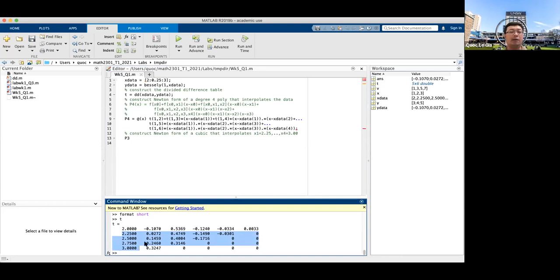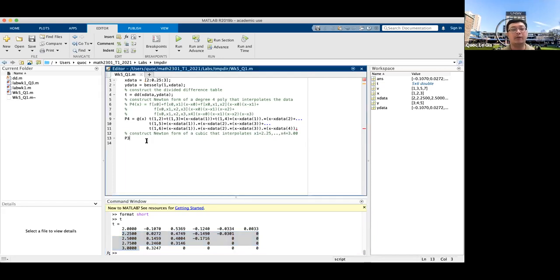So there are 2 ways. You can reuse this table, or you can extract a subset of X data and Y data and construct another table. It's up to you. Let's suppose I don't want to construct a new table. Then how do I get the coefficients for P3?